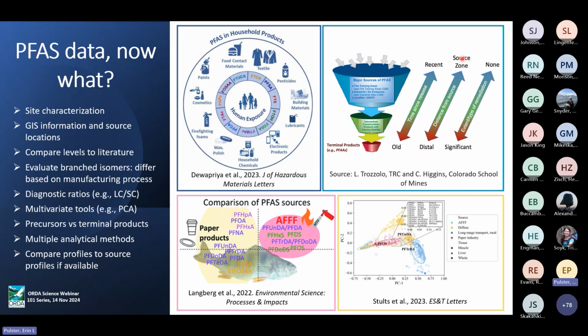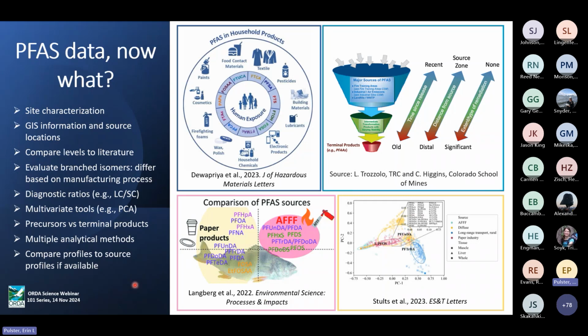Do we have a lot of precursors, or do we have a lot of terminal end products? There's a lot of literature coming out on the pathways, and understanding those precursor to terminal end product pathways is going to help you determine the source, if that is your ultimate goal.